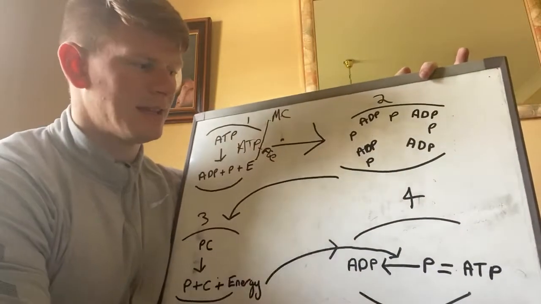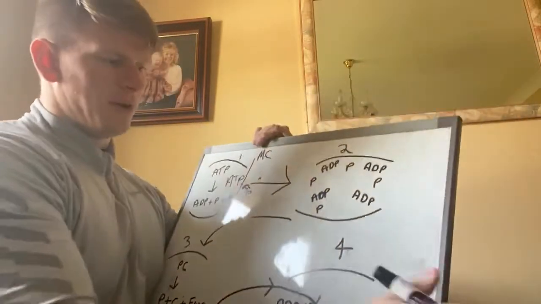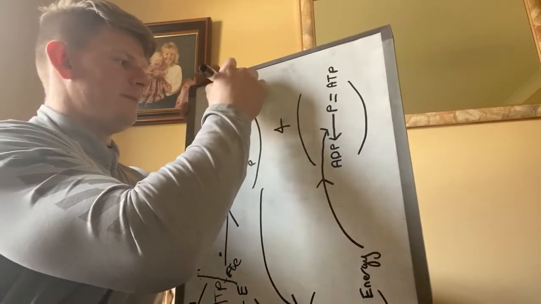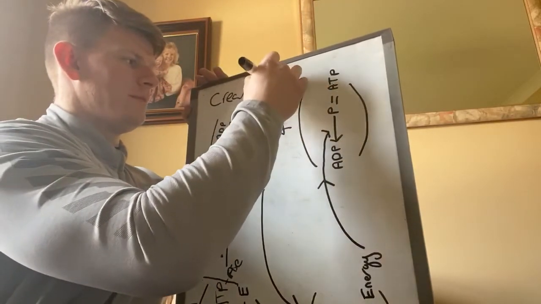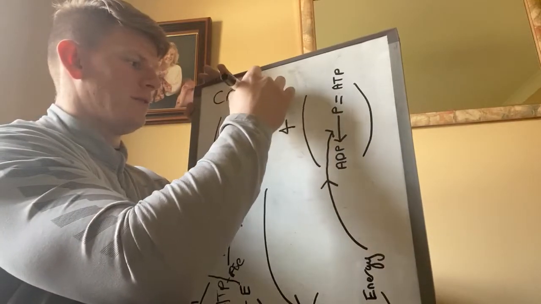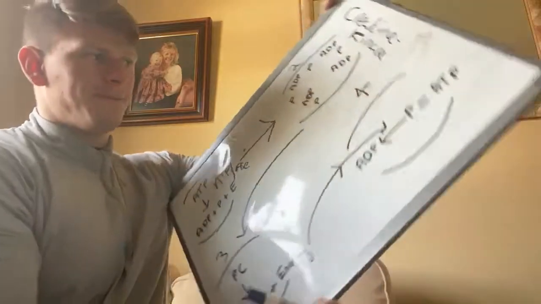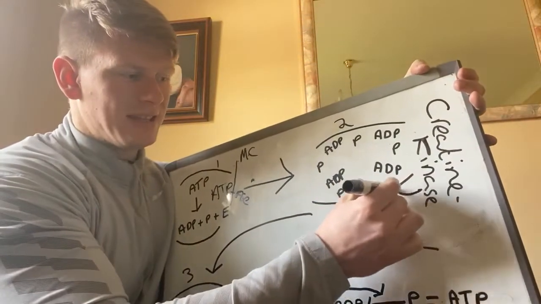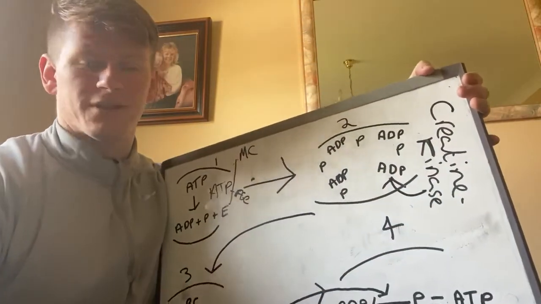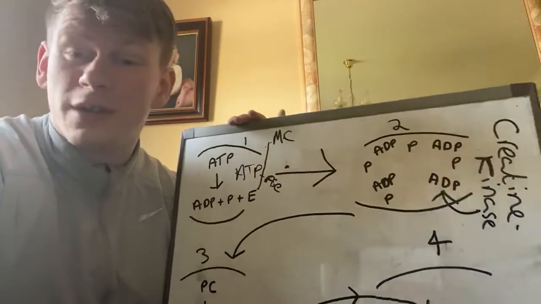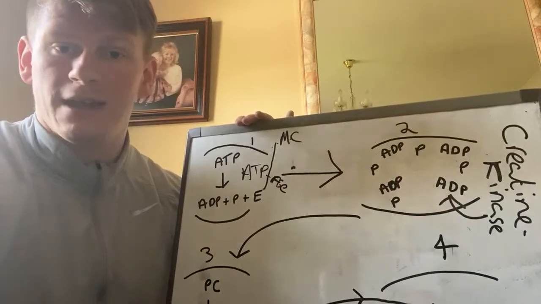The way that takes place is I have something important here called creatine kinase. Creatine kinase has 2 jobs. Its first one is to detect high levels of ADP in the muscle. So basically it notices that you've broken down a lot of ATP.